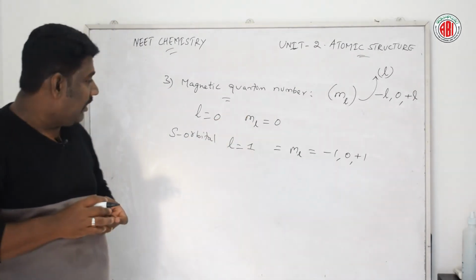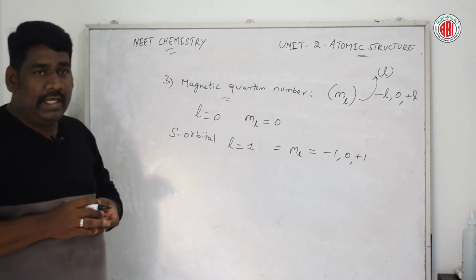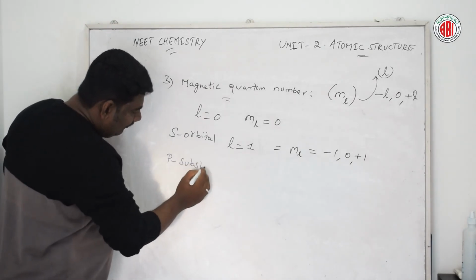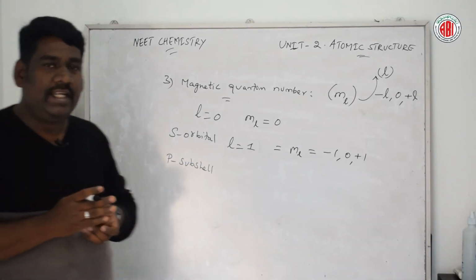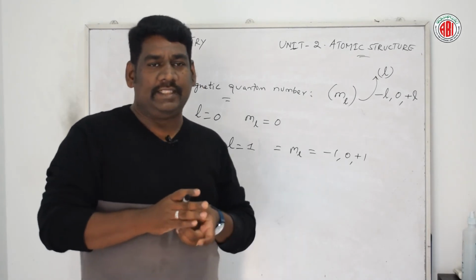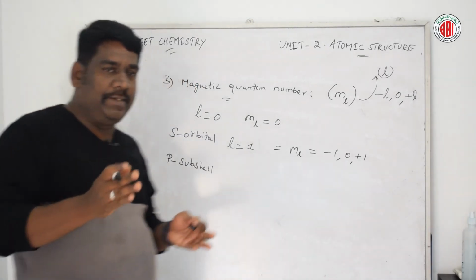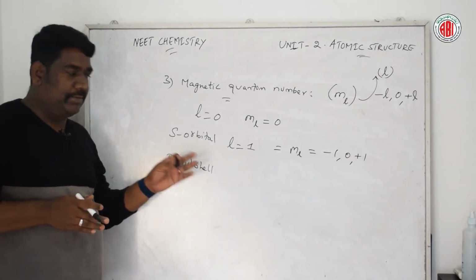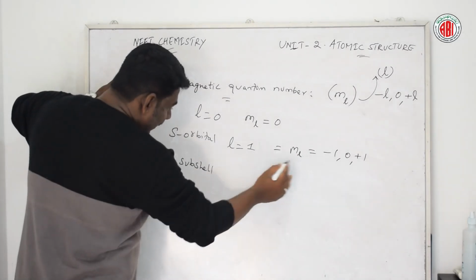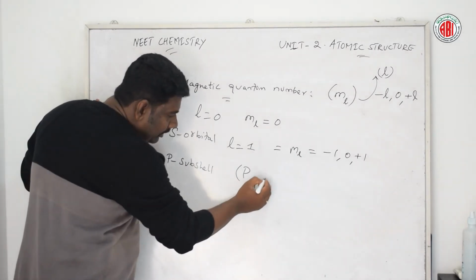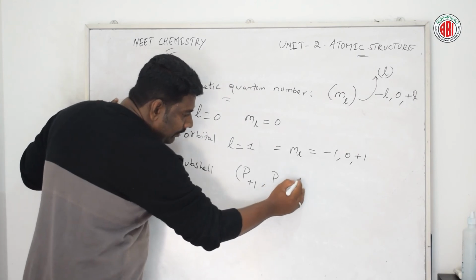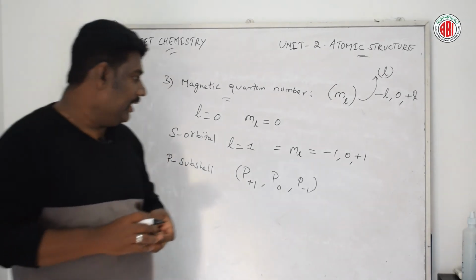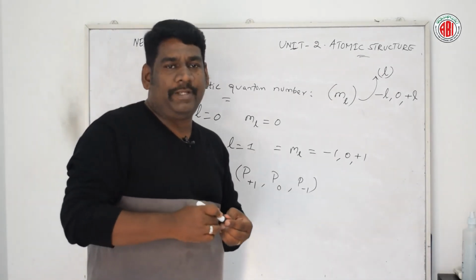And talking about the p subcell, it contains 3 orbitals called p orbitals, and these are indicated by numerical subscripts. For example, the p orbitals could be written as p plus 1, p0 and p minus 1, or p minus 1, 0, p plus 1.